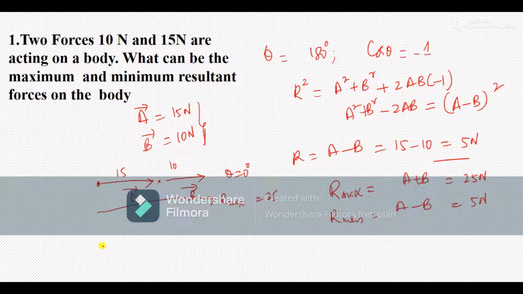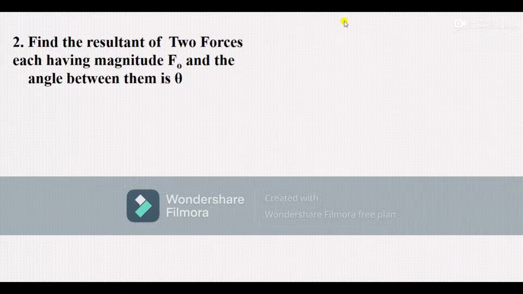Similarly, case 2 is when vector A is 15 like this, on the opposite side, and this is B, 10, then the resultant will be on this side, minimum, that is 5 newtons. So this is the geometric interpretation of the problem. So we go on to the next problem.